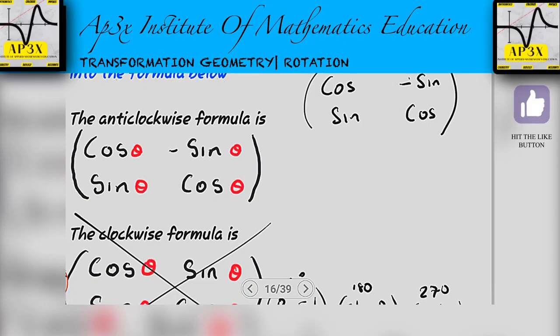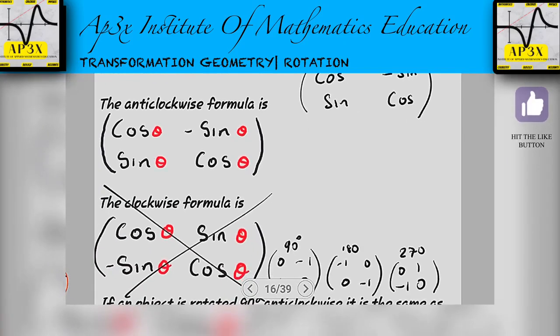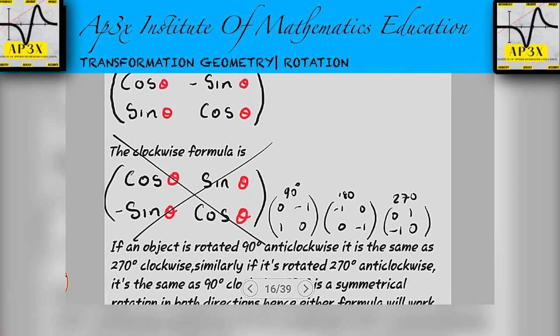So at this stage, guys, you are going to have to be the one to determine what you prefer. Do you prefer knowing both formulas so you can use the respective formula for the respective direction of rotation, or do you want to manipulate the formula? I won't press too much on that concept.